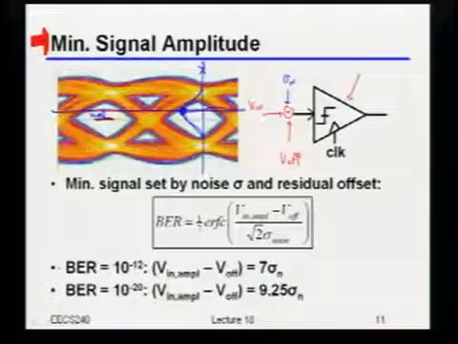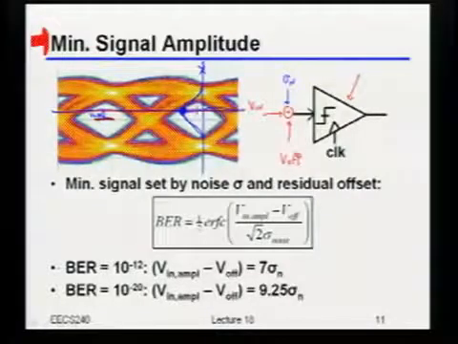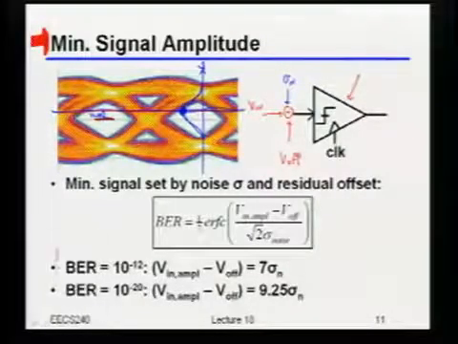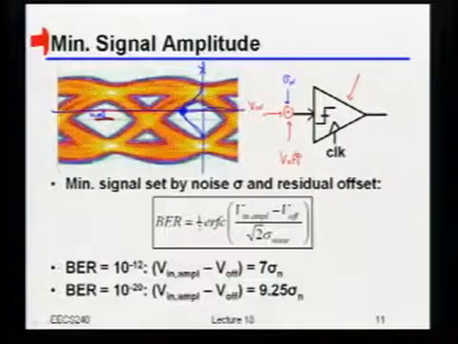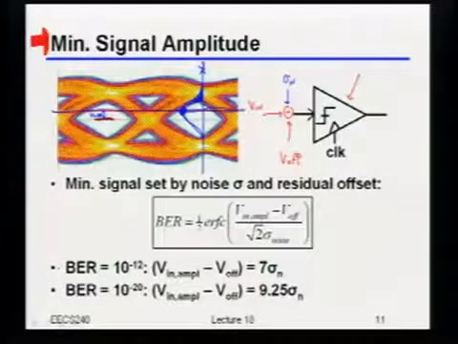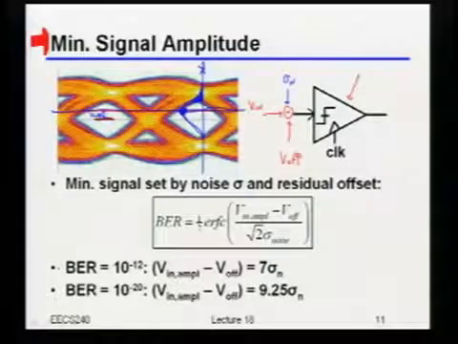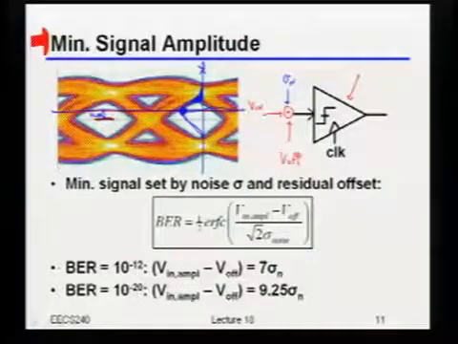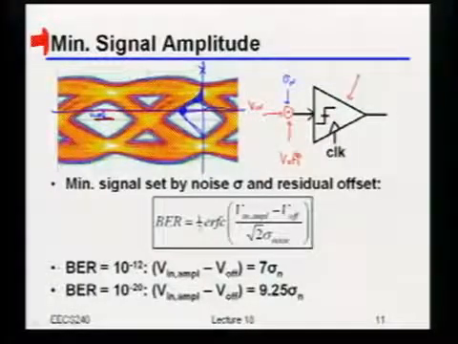So if I want to know how often I'm making a mistake, what I basically need to do is look at, from this offset point, how probable is it that my noise will be larger than my signal? Because if it's larger than the signal, then in this particular case that I just shaded, the receiver is going to interpret it as a 0 rather than seeing a 1.